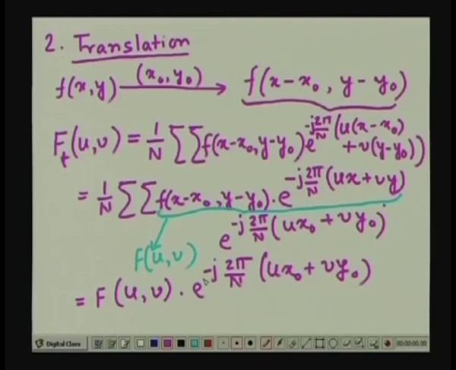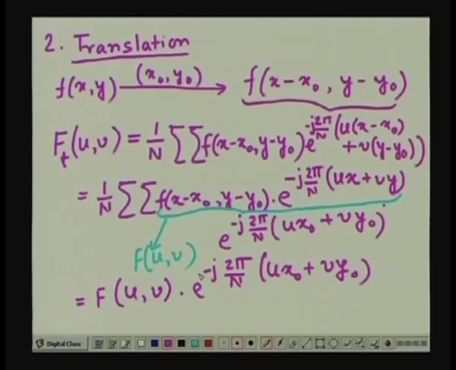Whenever f(x, y) is translated by (x naught, y naught), the additional phase difference is introduced by the term e to the power minus j 2 pi by capital N (u x naught plus v y naught). But otherwise, the magnitude of the Fourier transformation, that is the Fourier spectrum, remains unaltered.